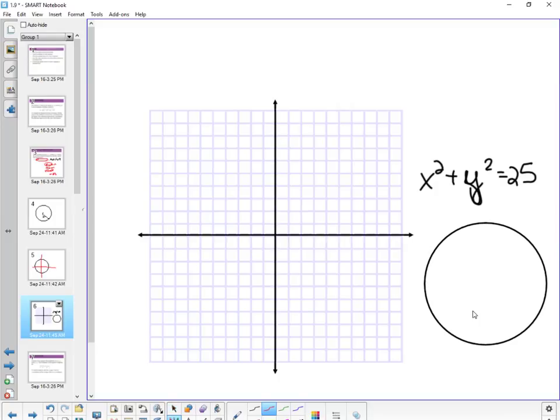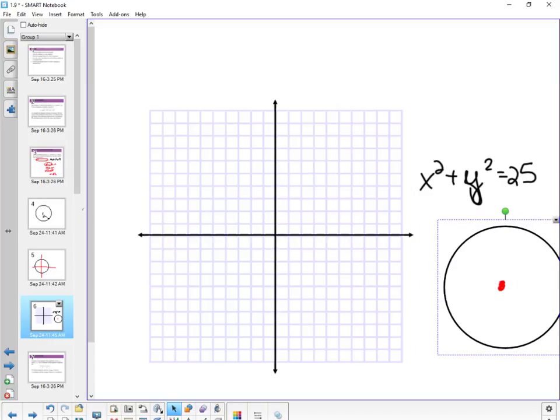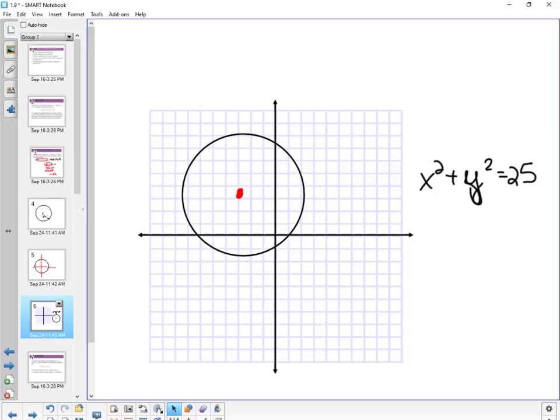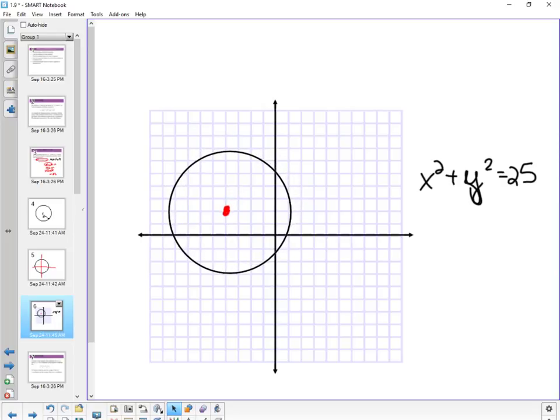Tell me if it's right about there. Now I have a circle. I got a little dot there because we want to focus on that point as well. Let's say we put our circle here. Not there. Let's go here.